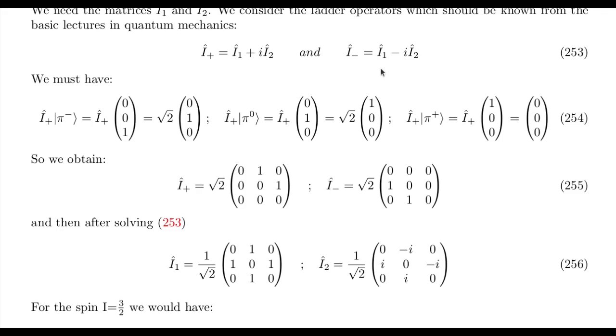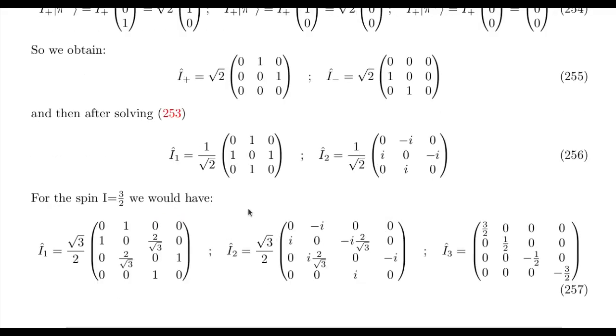If you solve this system, then you get the result. I1 is then this matrix here, and I2 this matrix here, 256. Here we see in I2 that, like in the Pauli matrices, we have the imaginary unit I in the matrix.